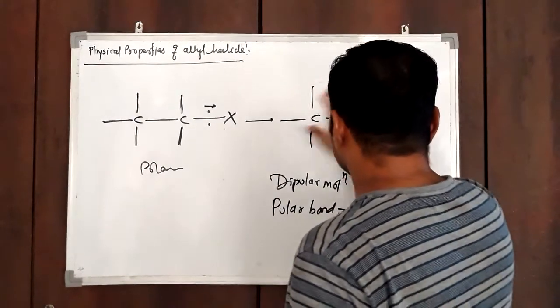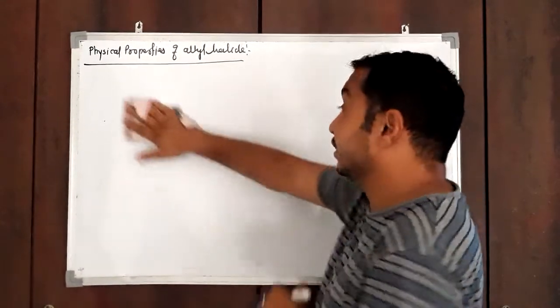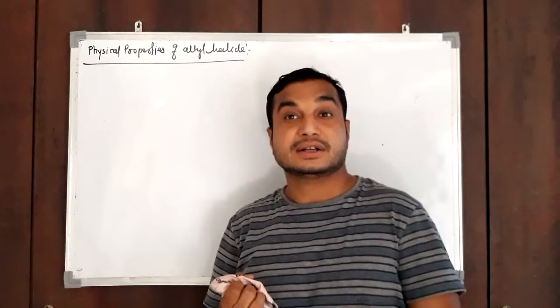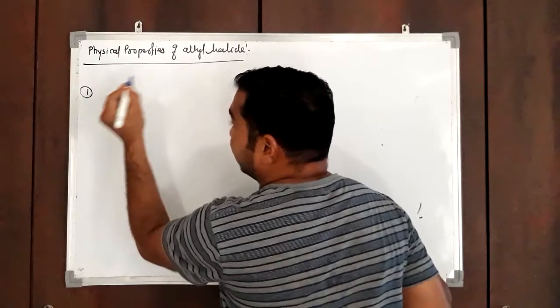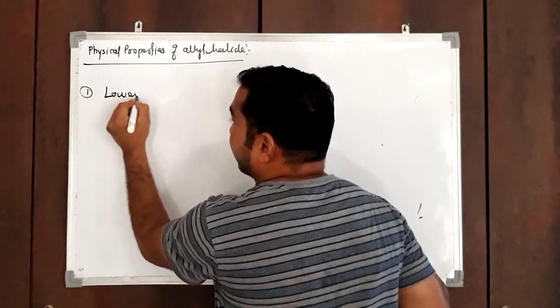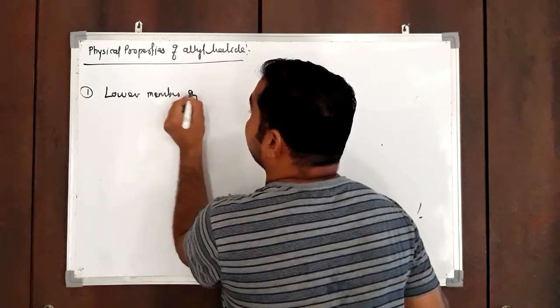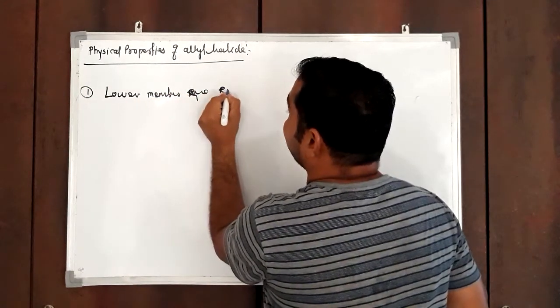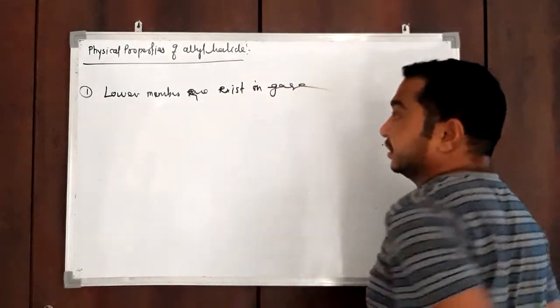Now see, lower members of alkyl halide like methyl chloride, methyl iodide, ethyl iodide exist in gaseous state.